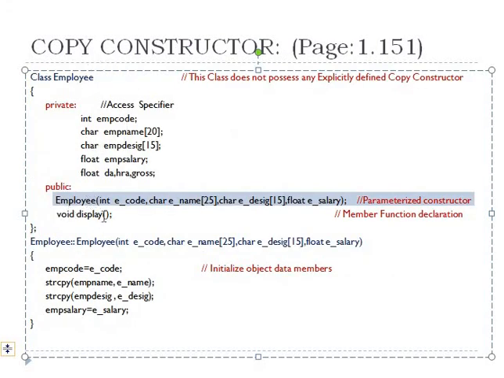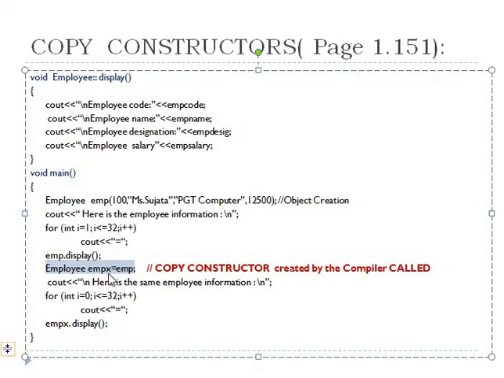But if you look at our class, we don't have any copy constructor. We only have one constructor, which is this parameterized constructor. So in this case, the compiler is going to implicitly call the copy constructor for our class. The compiler first creates that copy constructor, and then it calls that copy constructor once this particular statement gets executed.